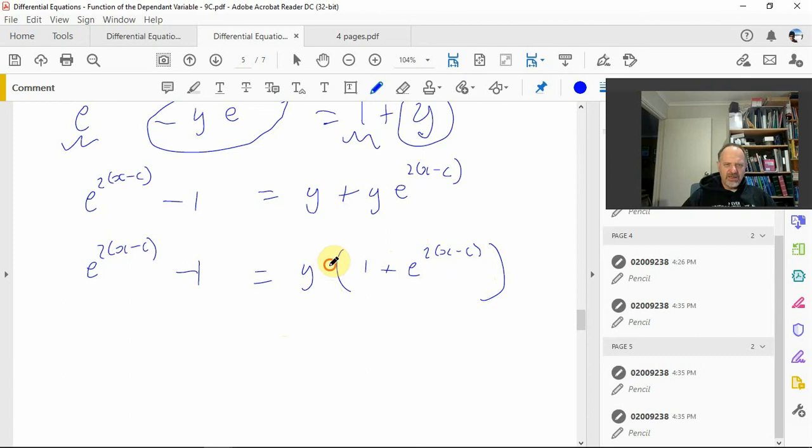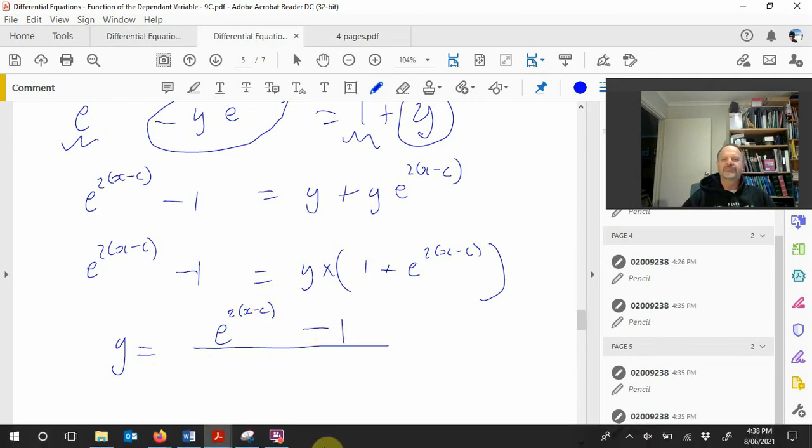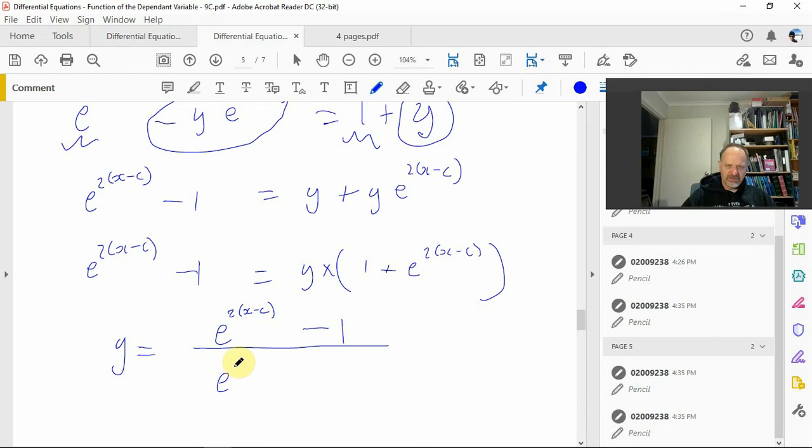All right, now in here, of course, is times. Opposites of times is divide. So if we divide both sides by that whole fraction, you'll get that y equals e to the 2x minus c minus 1 over e to the 2x minus c plus 1.